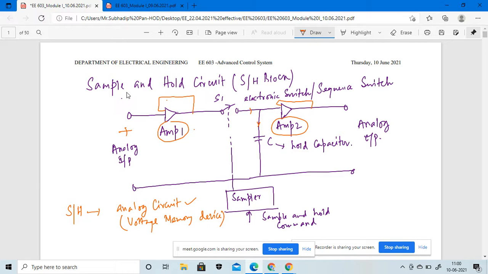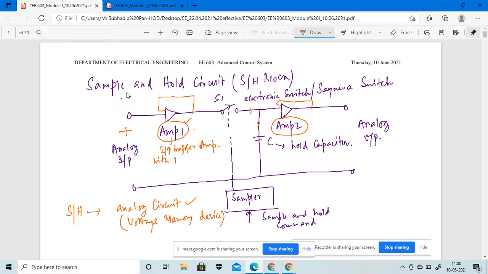So we are using two operational amplifiers. Operational amplifier one is an input buffer amplifier, with a high input impedance.